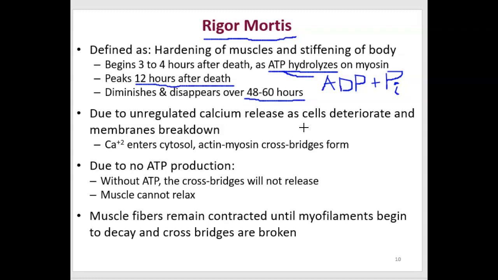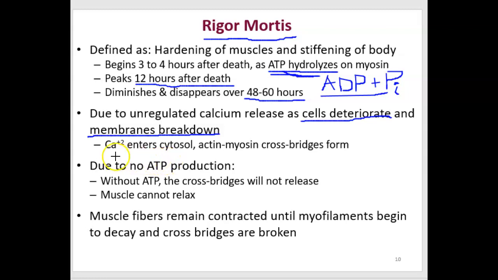Now, another thing that causes the formation of actin-myosin cross bridges is not just the fact that any leftover ATP has been broken down, but also there's calcium released from the sarcoplasmic reticulum. Why is that happening? It's happening because death has occurred and cells are deteriorating, and so the sarcoplasmic reticulum membranes break down, and calcium is just dumped into the cytoplasm.